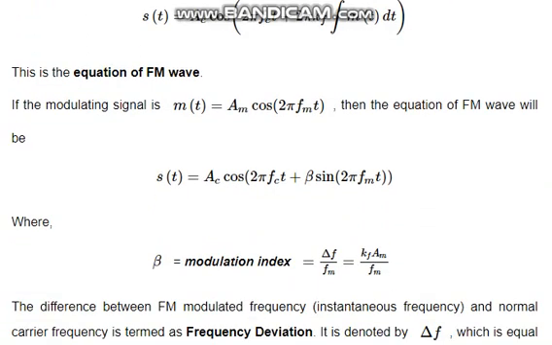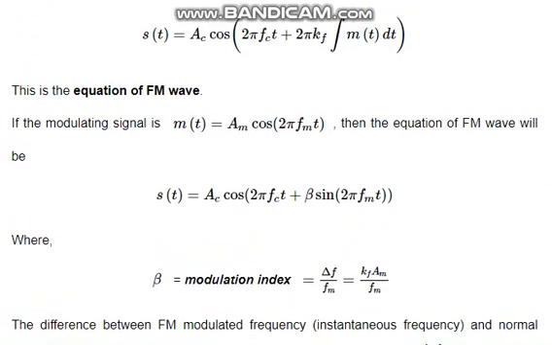It totally depends on the modulating signal m(t). If the modulating signal m(t) is equal to Am cos 2 pi fm t, just put the value here and integrate it. After integration the cos will be integrated and go to sin 2 pi fm t. Just put the value and integrate it, you will get this.